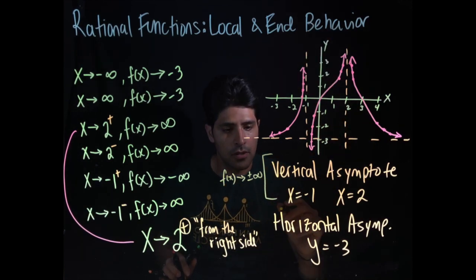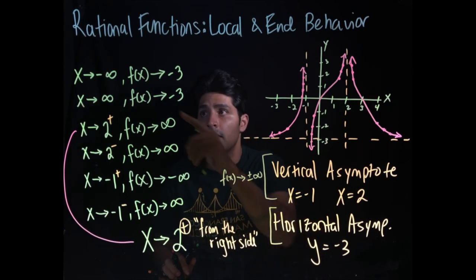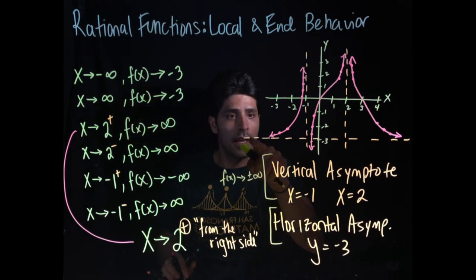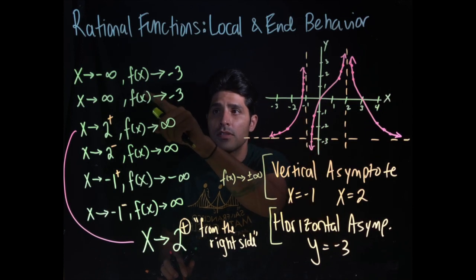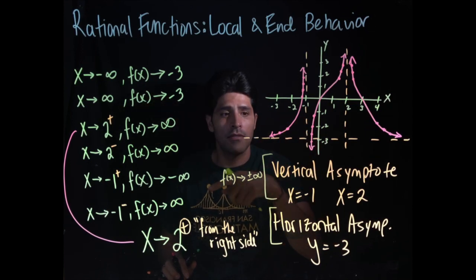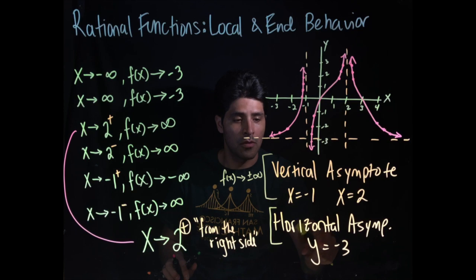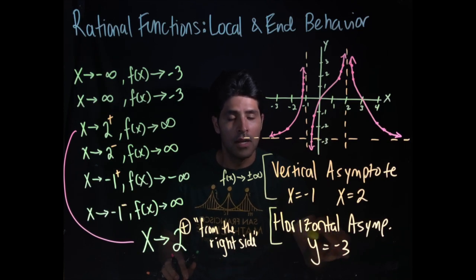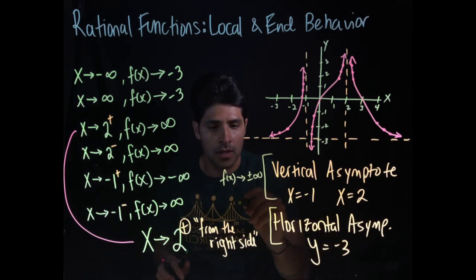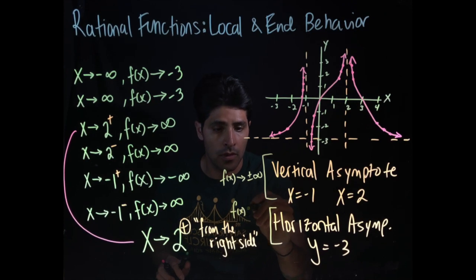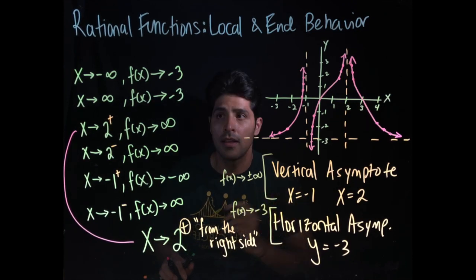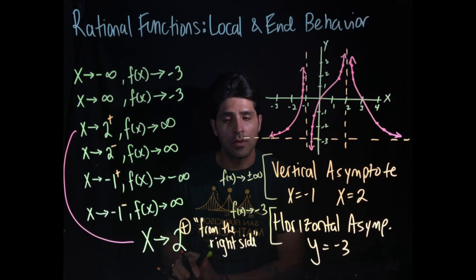But for a horizontal asymptote, that was this one here, the y values don't approach infinity or negative infinity. They're approaching the actual y value of that horizontal asymptote. So in this case, the output values are approaching the y value of that horizontal asymptote.